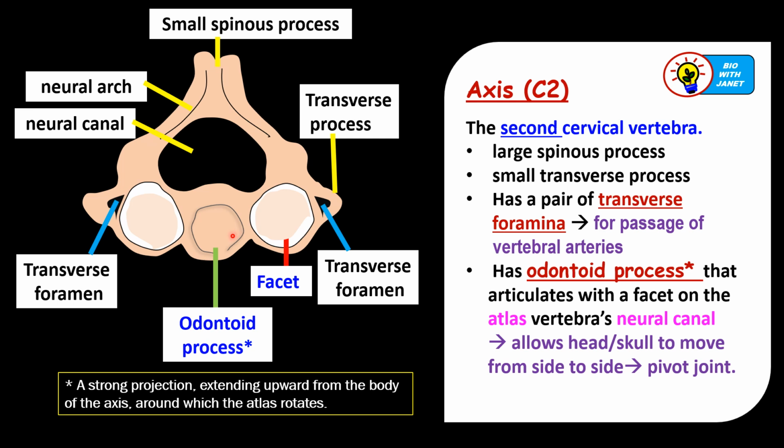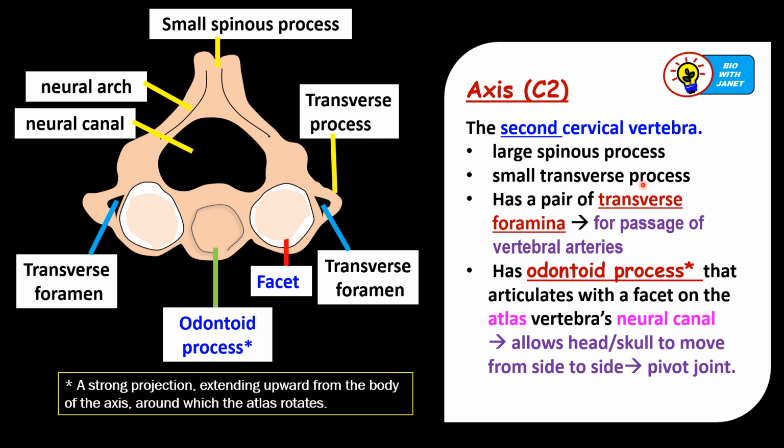How does this movement occur? It's because the atlas is moving on the axis and rotating around the odontoid process. All right? So don't worry, we'll have a look at the picture to better understand this. Now, what are the important features of the axis?